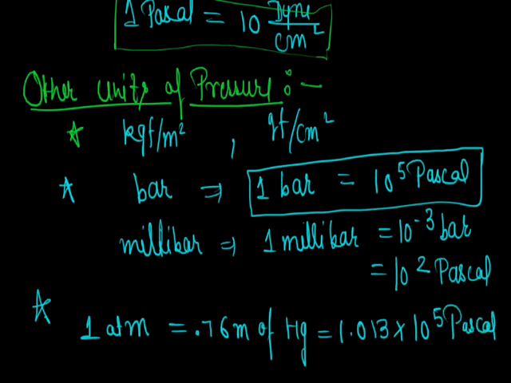Later we will discuss this atmosphere, the meaning of 0.76 meter of Hg, in detail. For now we should know that the other units of pressure are kilogram force per meter square, bar, millibar, gram force per centimeter square, atmosphere. Sometimes we use torr as a unit of atmospheric pressure, named after the scientist Torricelli, where 1 torr equals 1 millimeter of Hg.